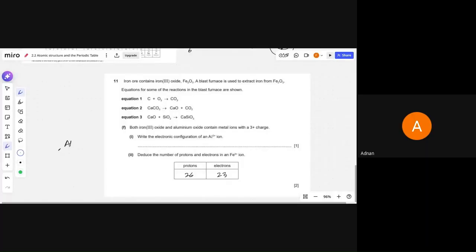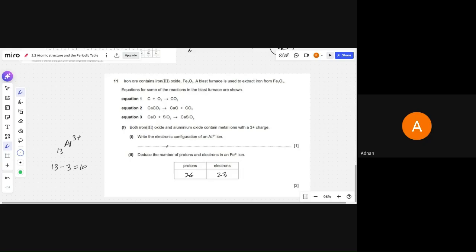But here, since it has a 3+ charge, it means that it has lost 3 electrons. So the total number of electrons remaining in aluminum will be 13 minus 3, so it's 10. Now we have to write the electronic configuration of 10 electrons.